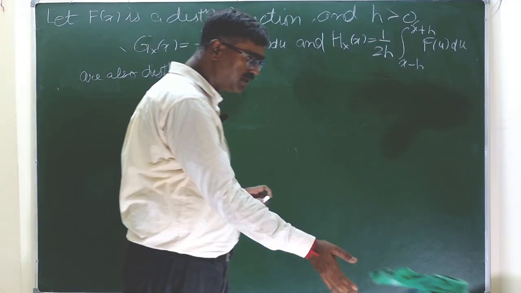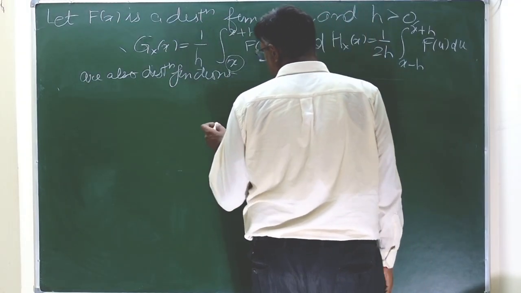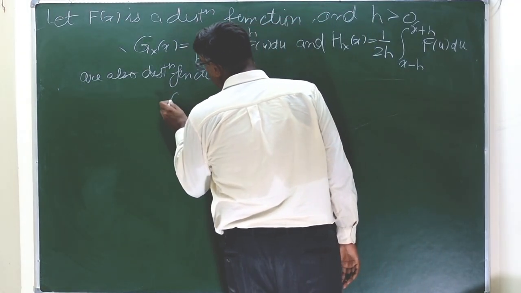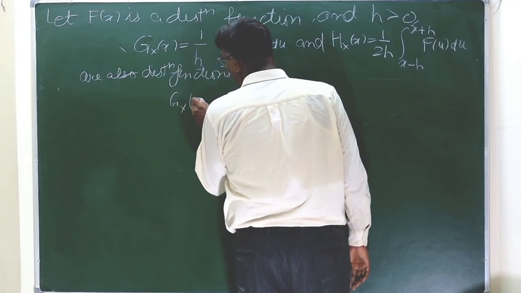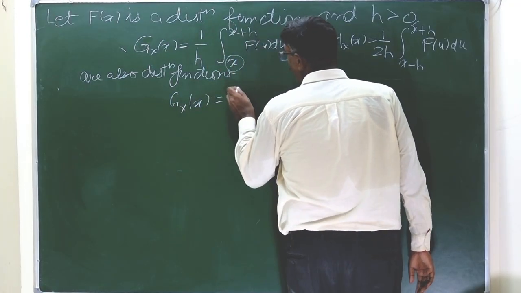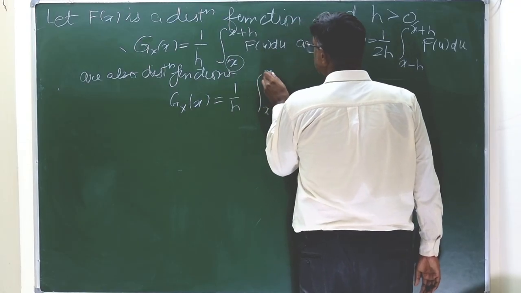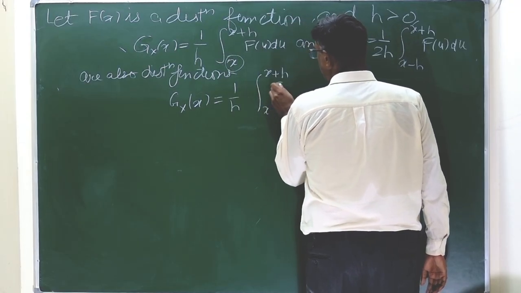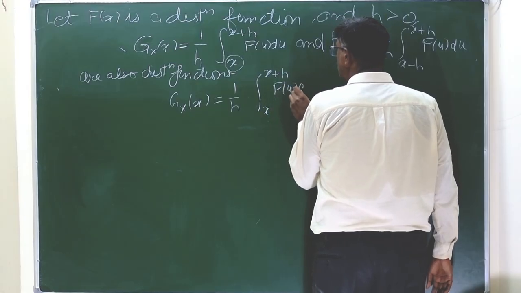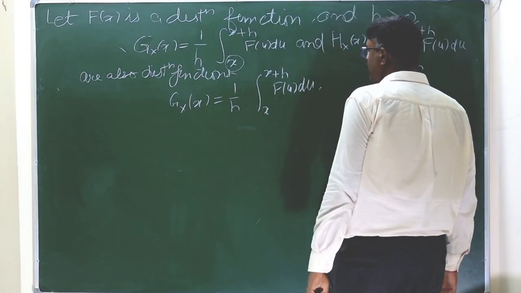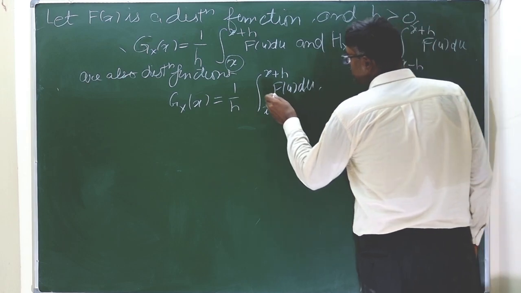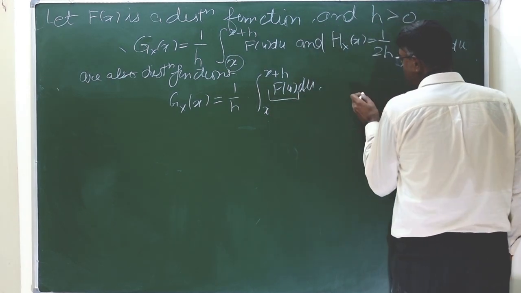So for establishing the properties of g(x), we know that g of x is defined as 1 over h, integral from x to x plus h of f of u du. Now we know that f(u) is an increasing function.